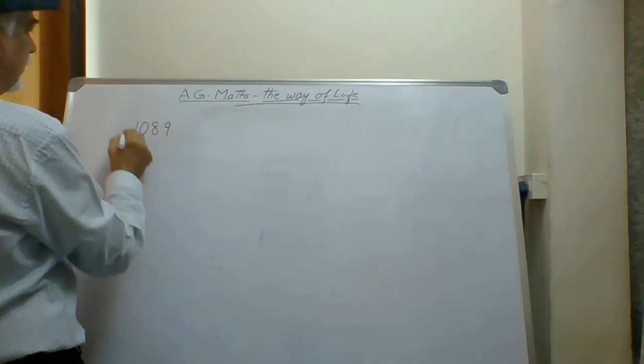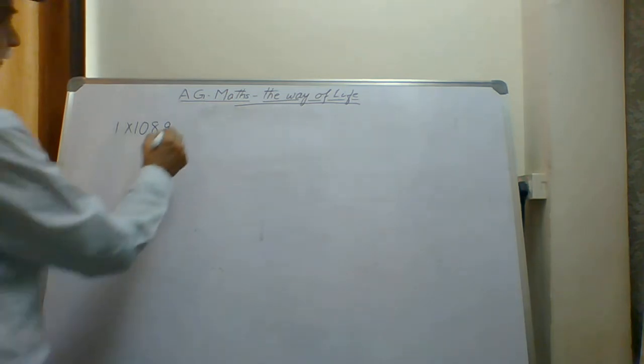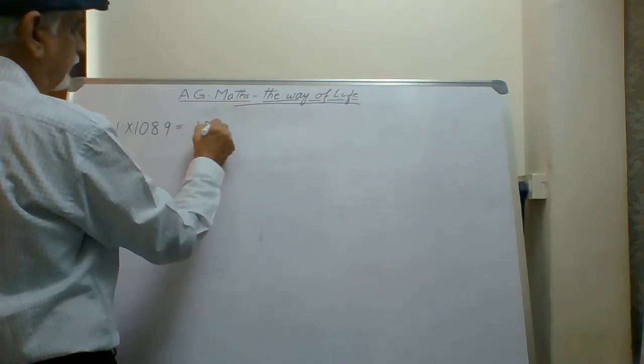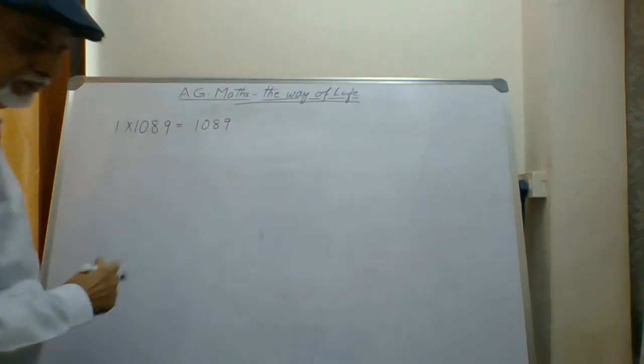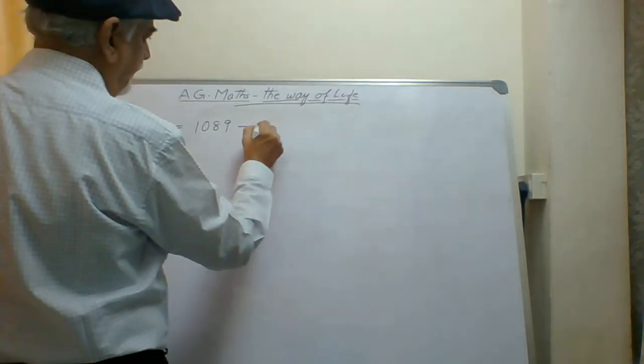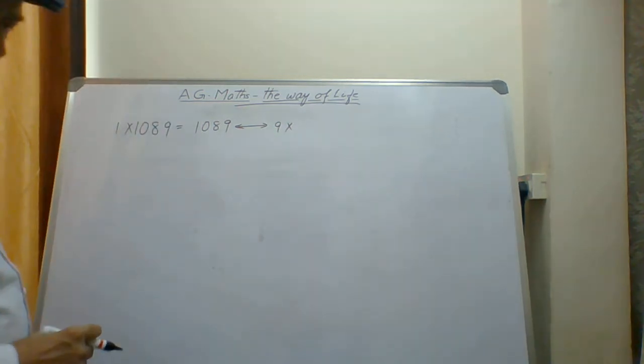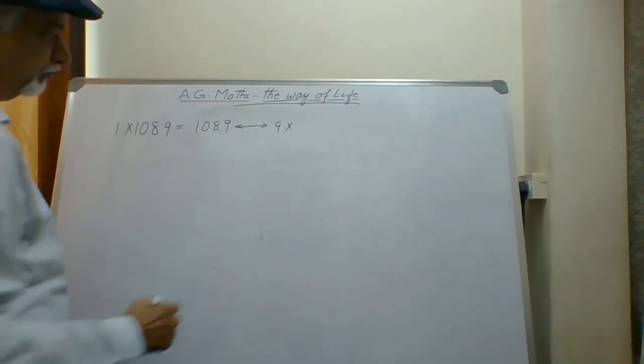1089? When I multiply it with 1, what I get is 1089. Nothing very unusual. But the same thing I can rewrite as 9 into 1089.